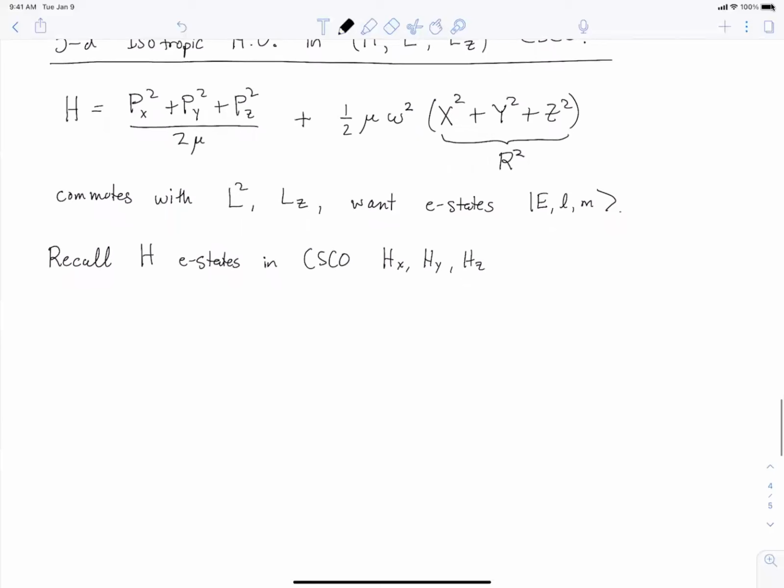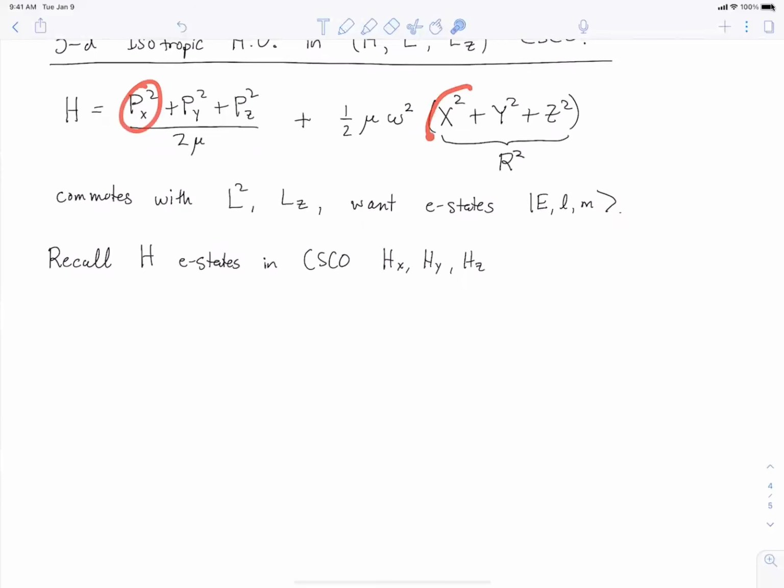Okay, just the one-dimensional Hamiltonian for x from that part of the Hamiltonian, and y from there, and z from there. Those three Hamiltonians all commute with each other, and so they form a complete set of commuting observables.